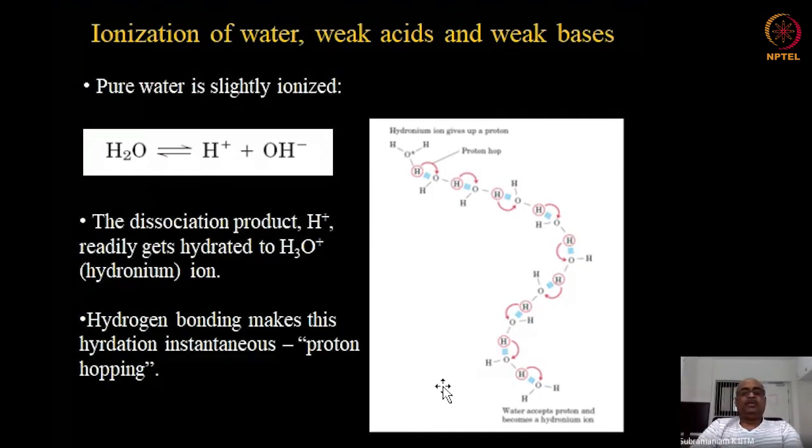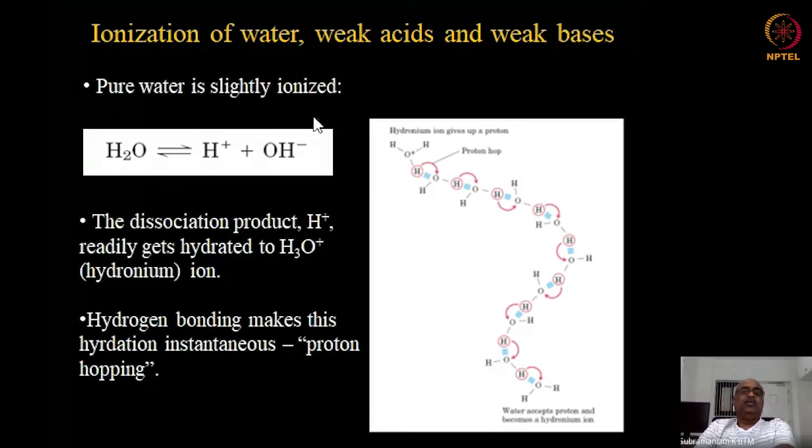So the next one, we are not going to get too much into the physics of water coming from these hydrogen bonds. Instead, we are moving slowly towards the chemistry side of it, because that's what is critical for us. So there we are going to look at another feature of water and then combine it along with the hydrogen bonding nature of water molecules, and then see what property emerges.